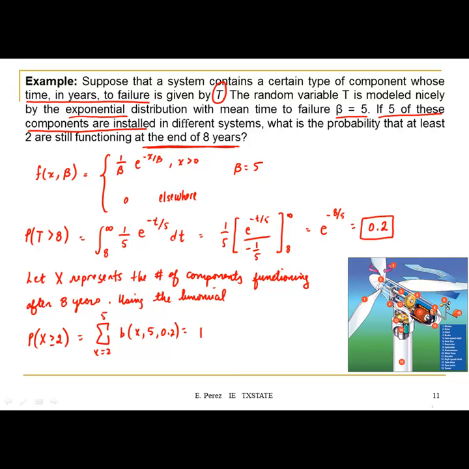This is going to be equal to 1 minus the summation from x equals 0 to 1 of the binomial with x, 5, and 0.2, which is 1 minus 0.7373, and this is coming from the table, and that probability is 0.2627.